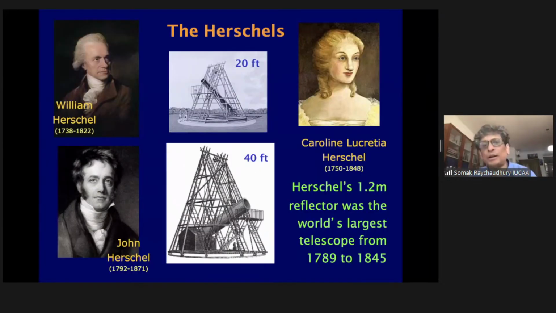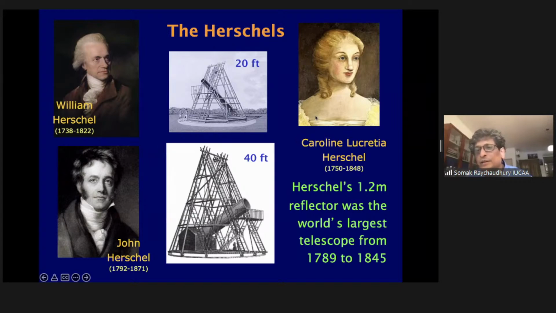So I'll go back to the Herschels I talked about, because somebody asked me the question, how did Herschel's telescopes look? William Herschel was building these telescopes in his backyard.